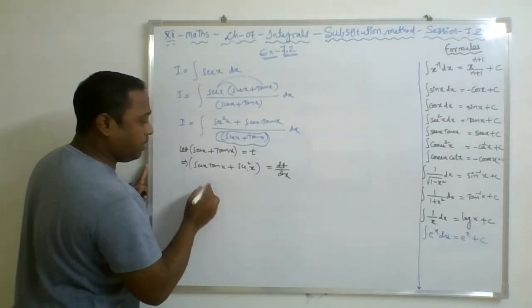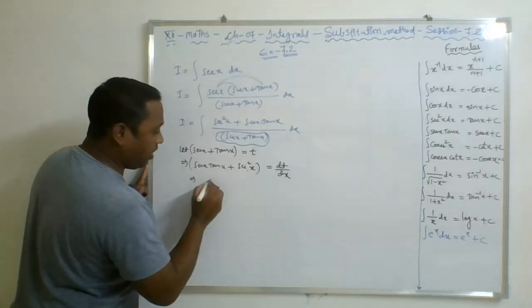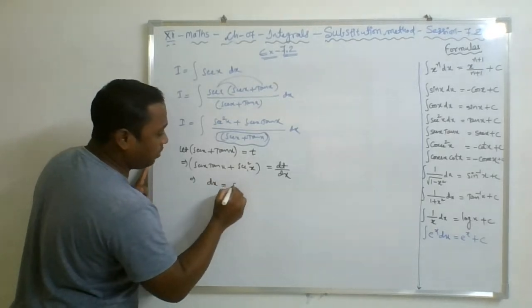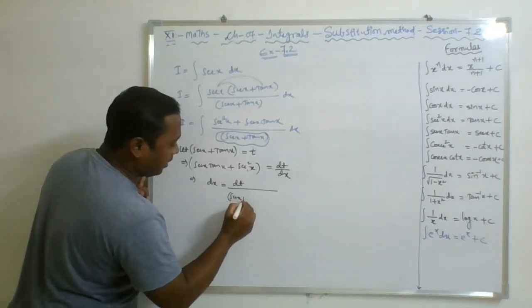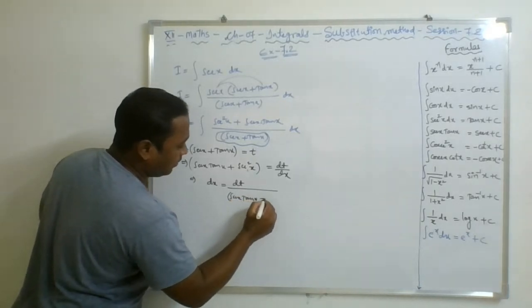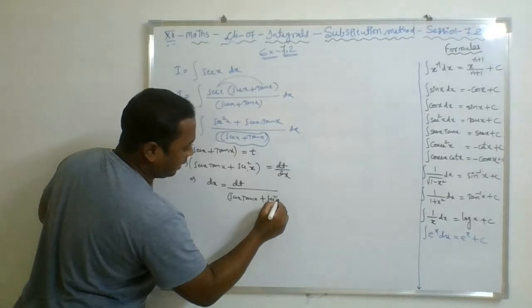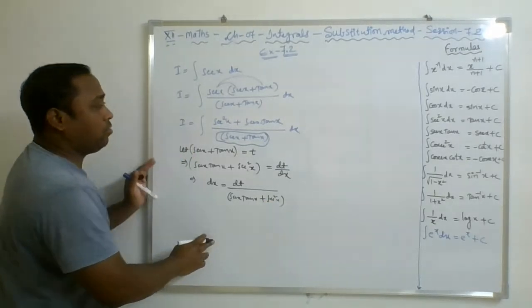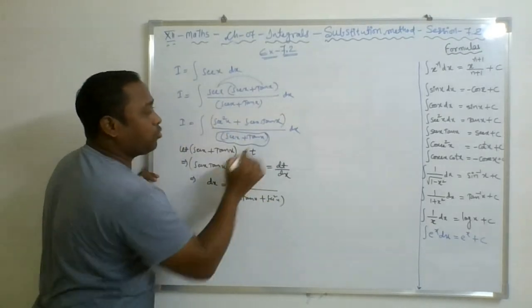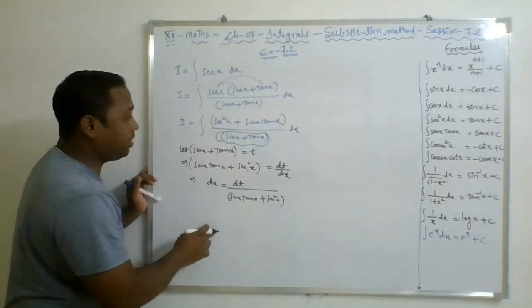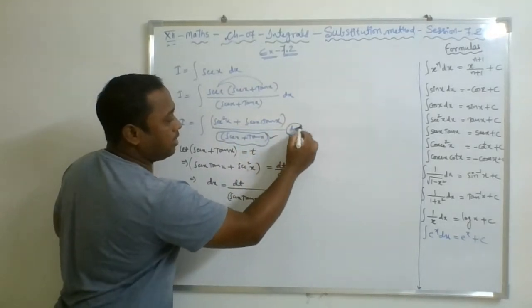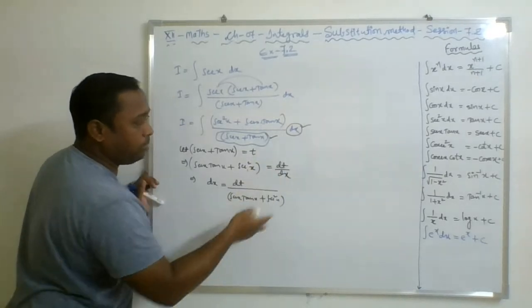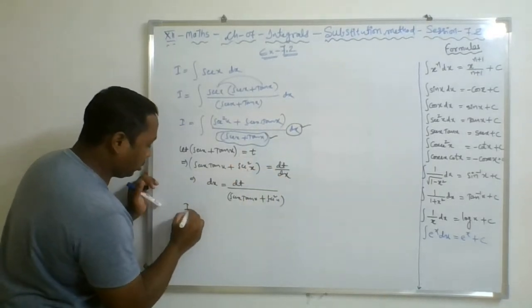By cross multiplication, dx will be dt upon sec x tan x plus sec square x. So ultimately this is going to get cancelled with the numerator. Now change everything with t and dx; both substitutions will be done in the function.